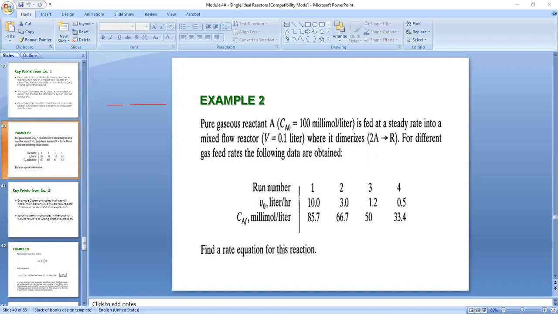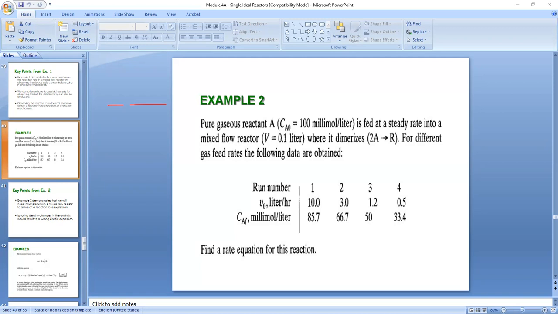That way, we can measure the remaining amount of A, or the unreacted amount of A, for these different volumetric flow rates. The goal is, using this series of runs, you'll be able to tell the rate equation for this reaction.